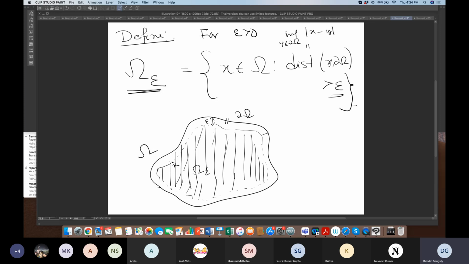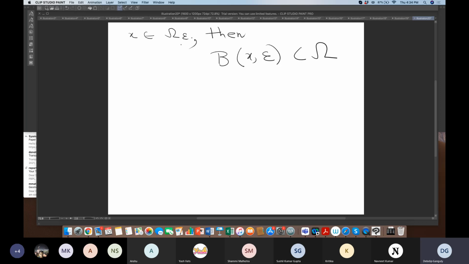If x is here in your omega epsilon and you take an epsilon neighborhood B(x, epsilon), it will be strictly inside omega. You agree? Because there is always an epsilon distance there. Clear? Yes or no? Yes, sir. So if x is in omega epsilon, then B(x, epsilon) is always inside omega.